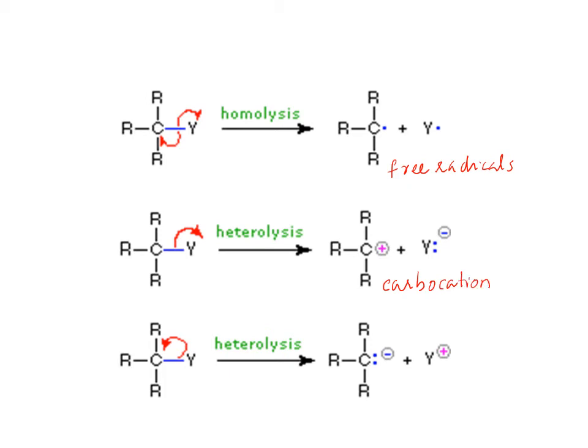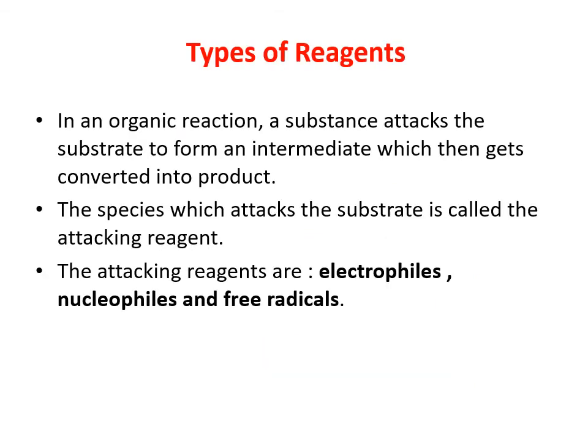And if Y is less electronegative compared to carbon, then during heterolytic fission, the shared pair of electrons goes to carbon. As a result, we get a reactive intermediate carrying negative charge on carbon, and that is known as a carbanion. So charged reactive intermediates are formed by heterolytic fission and free radicals are formed by homolytic fission.